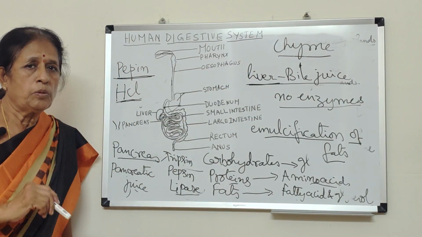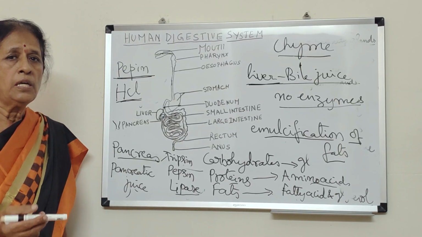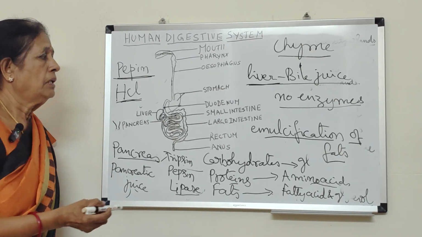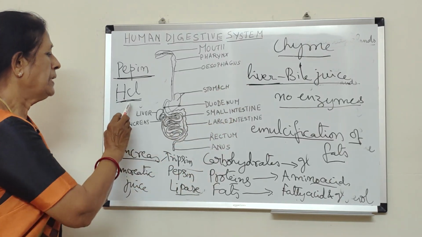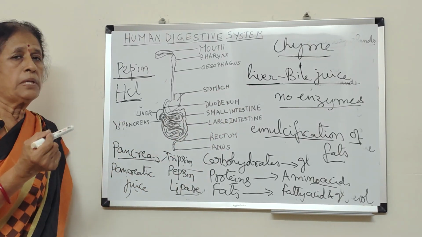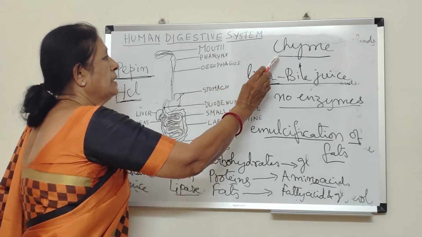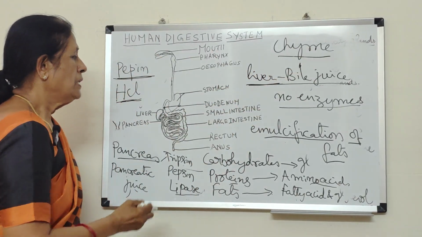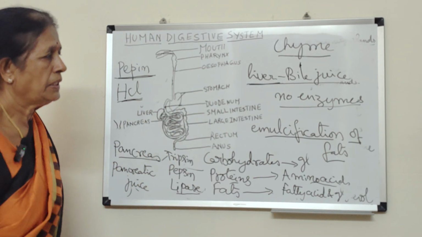In the mouth, carbohydrates got converted into maltose, dextrin, etc. In the stomach, proteins got converted into peptones. This chyme passes into the duodenum, the first part of the intestine.